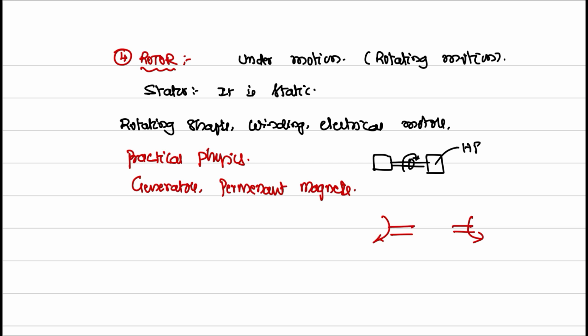Some part is rotating, that is called a rotor. In vector calculus, the rotor is the curl of the vector field.